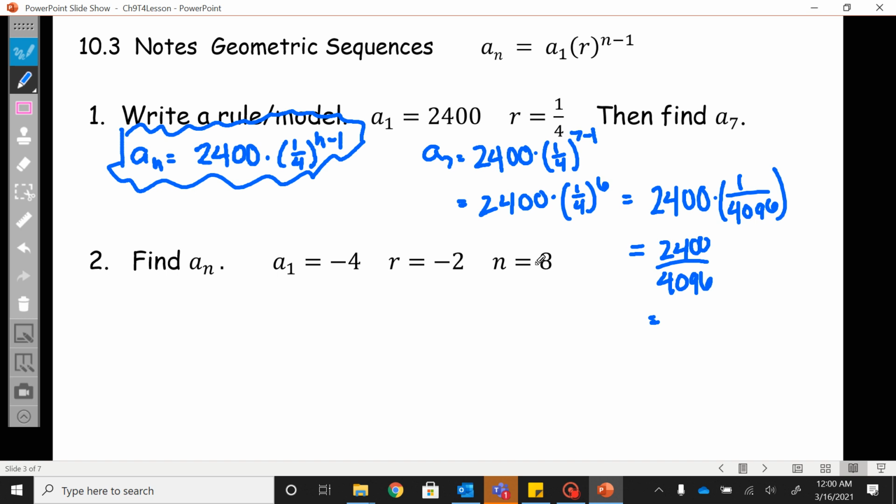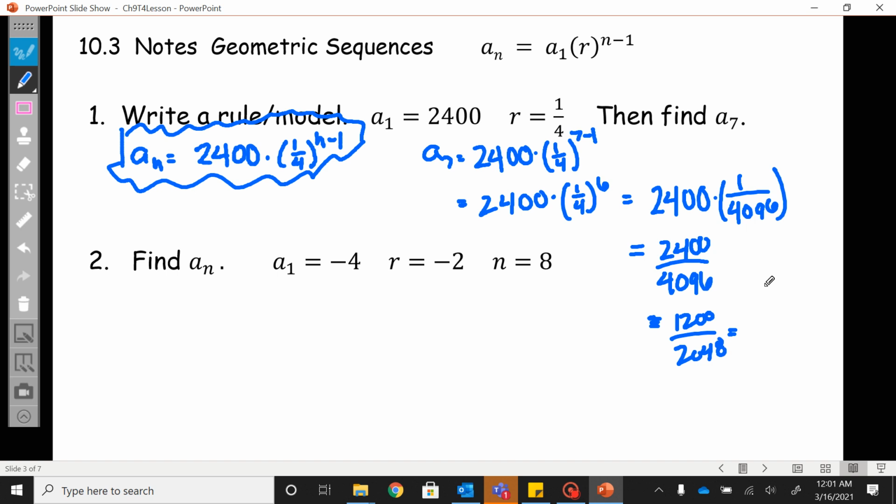And then we do want to simplify this. So I know that both of them are divisible by 2. Okay, so 2400 divided by 2 is 1200. 4096 simplifies to 2048. Okay, this can still be simplified. I need to keep dividing it by stuff. Okay, so I'm just going to keep going with 2.